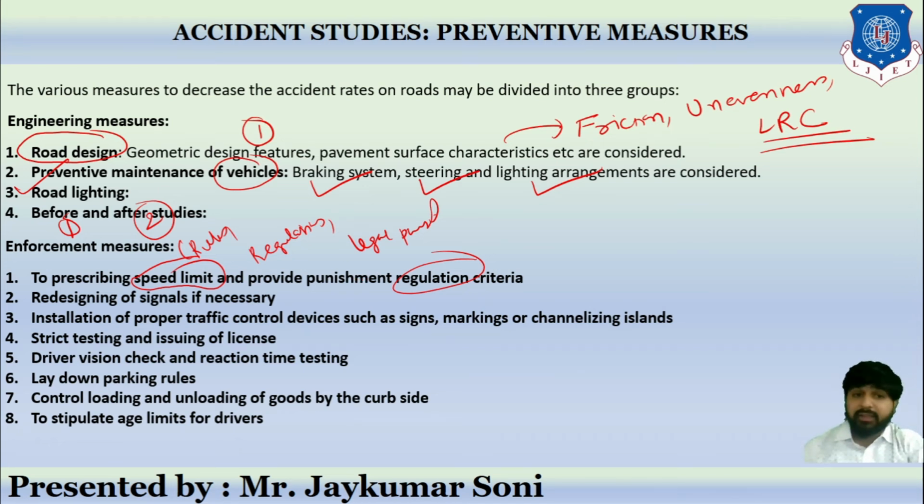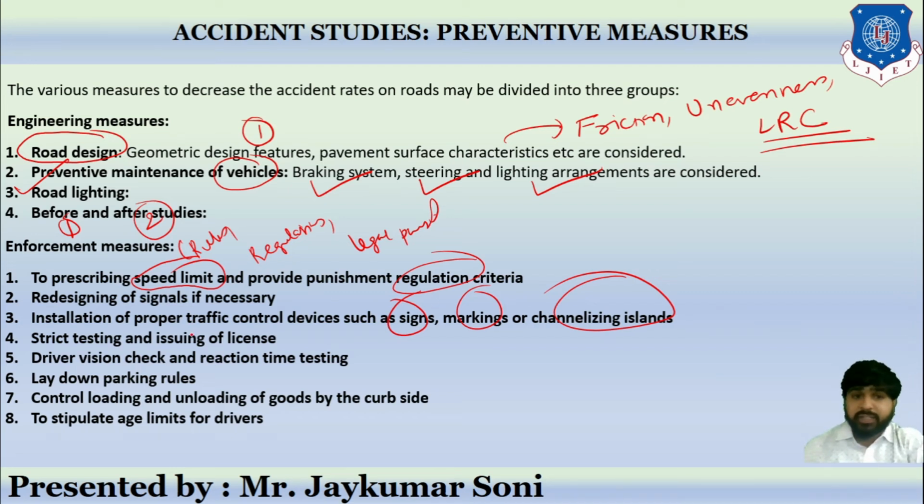If it is required, then the signals must be redesigned, because saving of lives is very important as compared to the additional cost. Then installation of proper traffic control devices such as signs, signals, markings and channelizing islands.